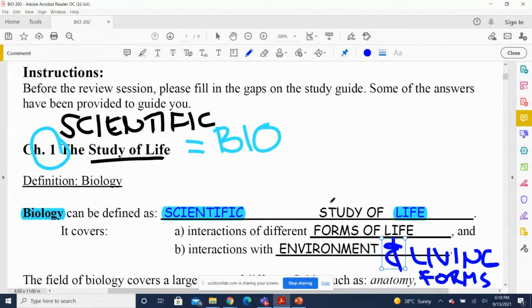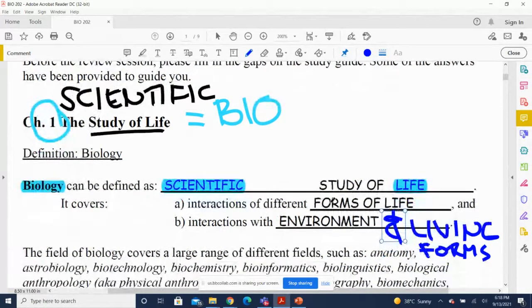So what we ended up seeing very early on was that since biology studies all types of things that relate to life, it ends up being a very large field that covers really many different sub areas. So I've listed some of them here.